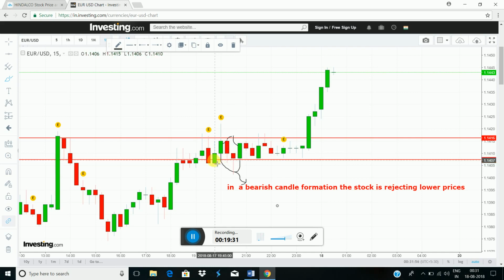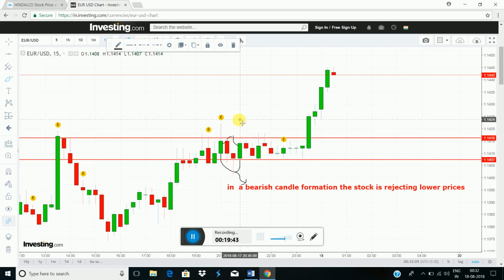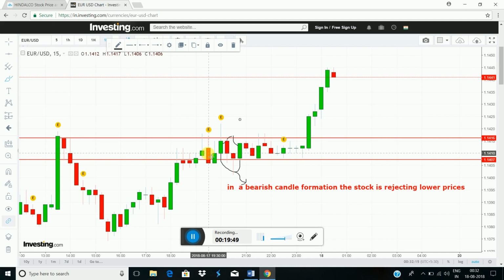Here we see bullish strength in the previous two candles, though the stock rejected the upper prices. In these two bearish candles, again we see a bullish momentum. So right over here, bullish, bearish, bullish again, and bullish again.